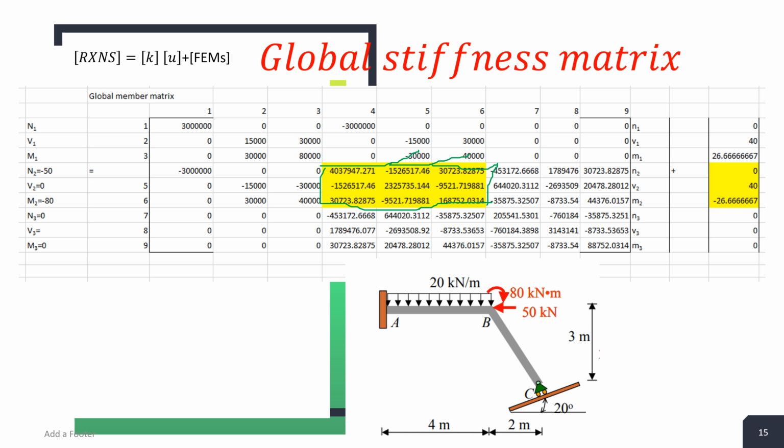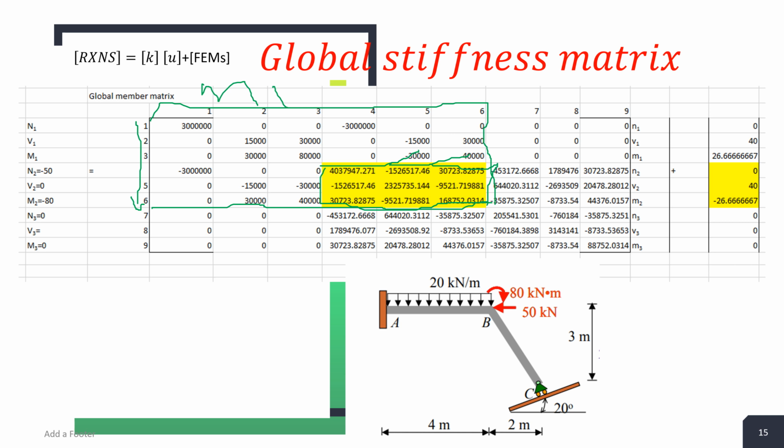The rest of this are obtained from the member stiffness matrix. For example, member 1 is numbered 1 to 6, so you can see this only has values from 1 to 6, so from 6 it is 0. So maybe I show you, here this is the 6 by 6 matrix from member 1.